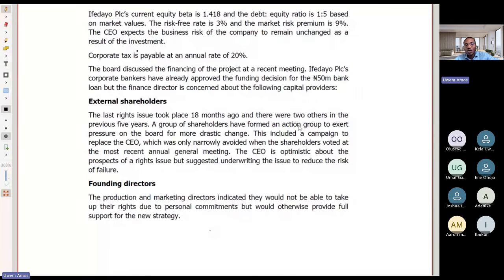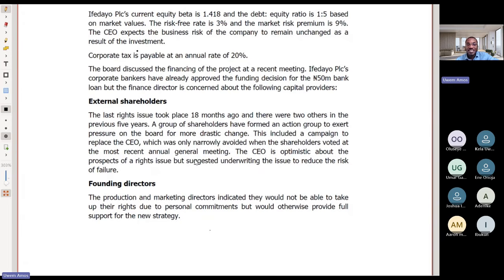A group of shareholders have formed an action group to exert pressure on the board for more drastic change. This included a campaign to replace the CEO, which was only narrowly avoided when the shareholders voted at the most recent annual general meeting.